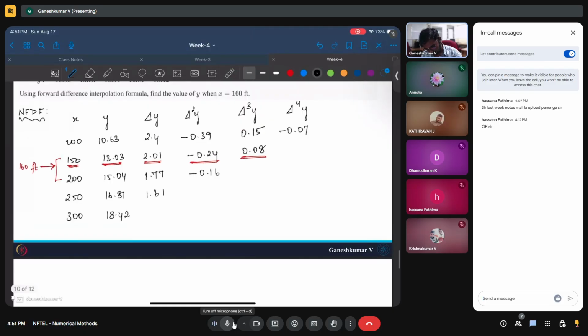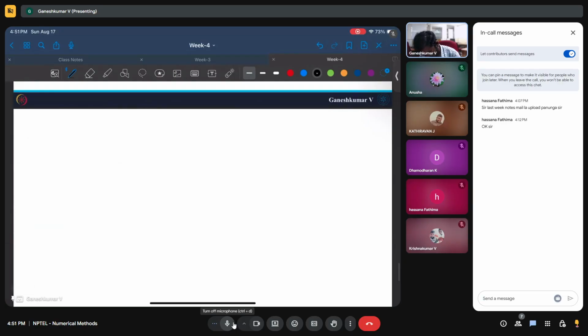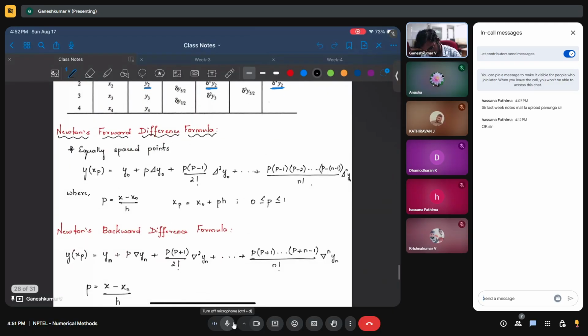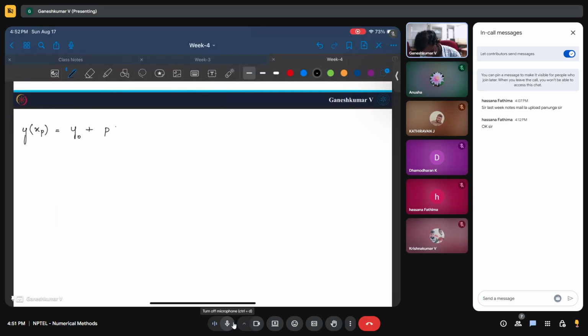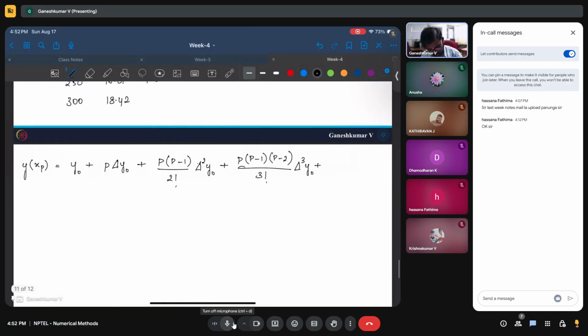All right. So now it's time to write down the forward difference formula, which is y of xp is equal to y naught plus p delta y naught plus p into p minus 1 by 2 factorial delta square y naught plus p into p minus 1 into p minus 2 by 3 factorial delta cube y naught plus, we do not have delta 4, so we need not write that.